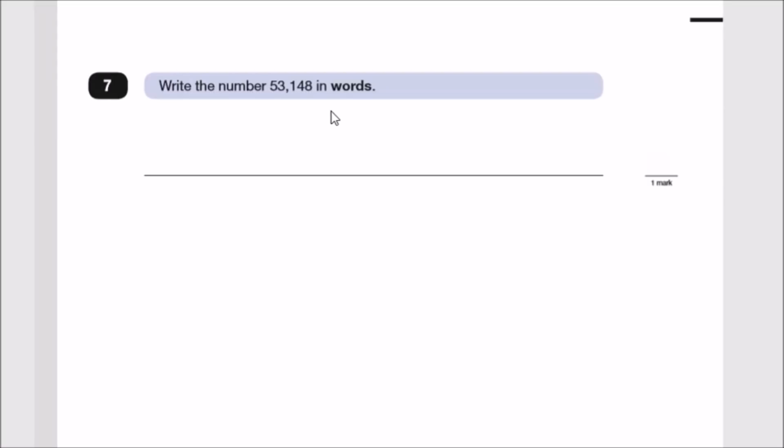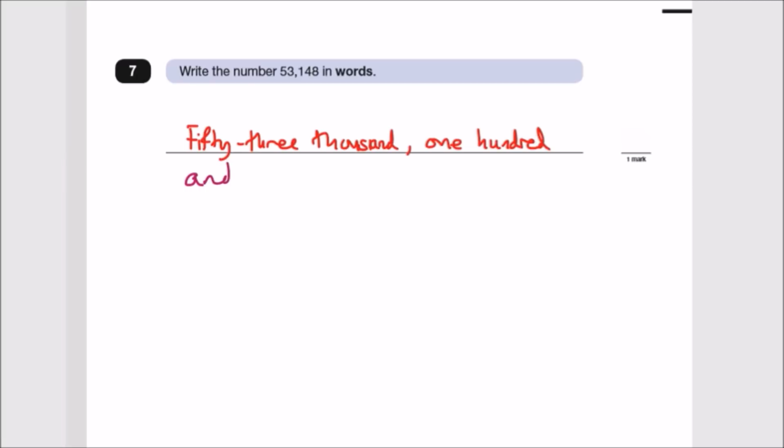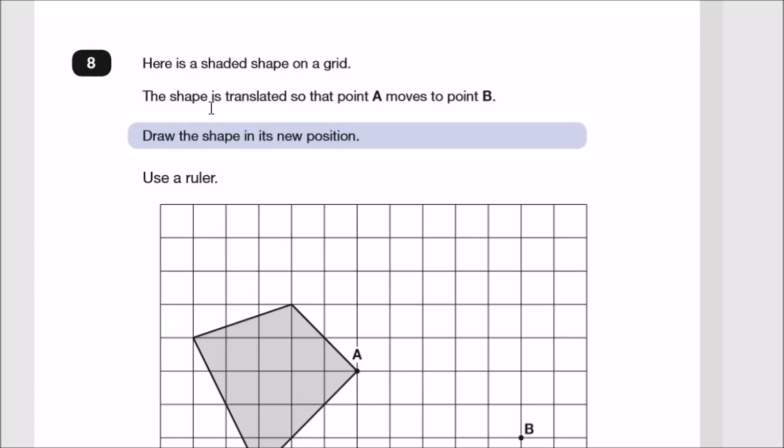So just think about what you said, yeah? 53,100 and oops, my pen faded away. 100 and what's it? 48. Easy. Oh, I have to use a ruler.